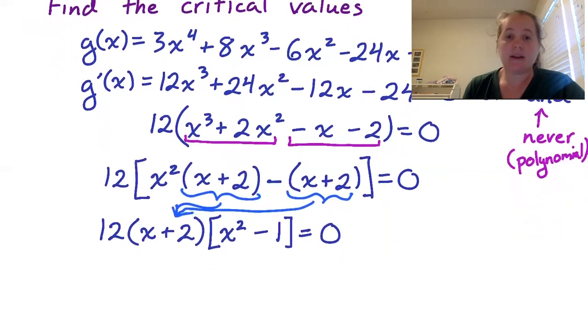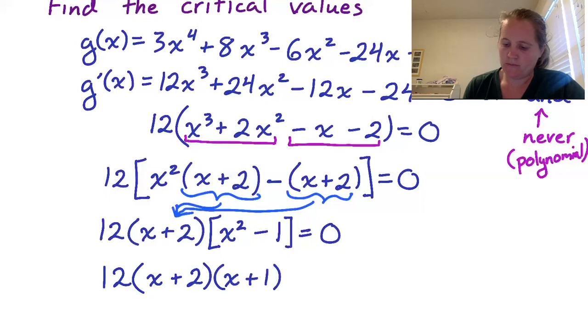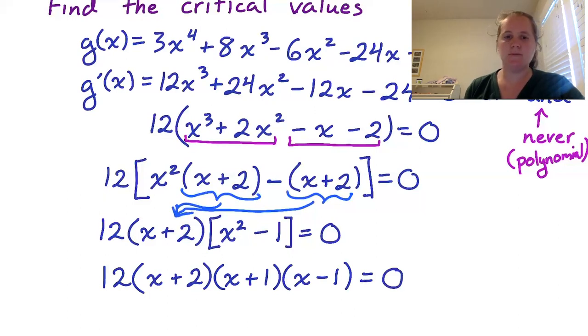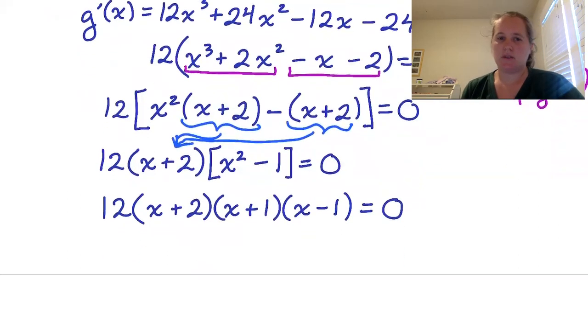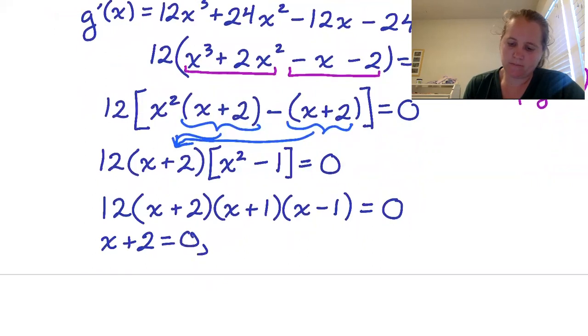And then x squared minus 1 itself also factors. So we have 12 times x plus 2 times x plus 1 times x minus 1, this whole thing set equal to 0. And so this could be either x plus 2 equals 0, x plus 1 equals 0, or x minus 1 equals 0.